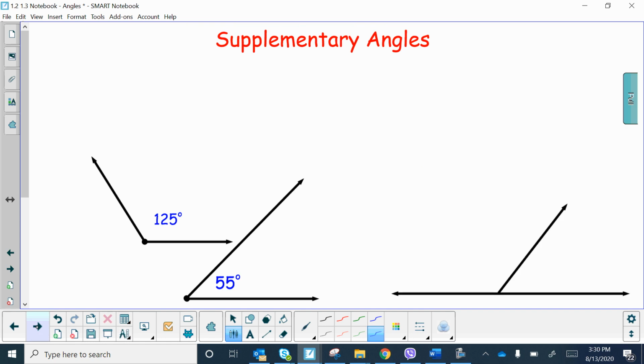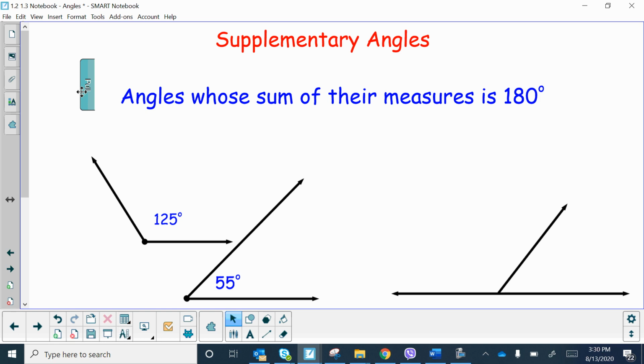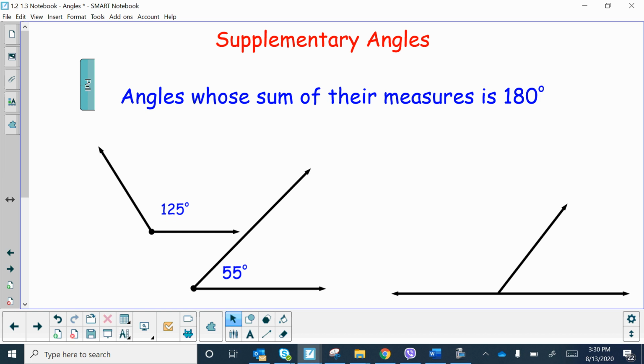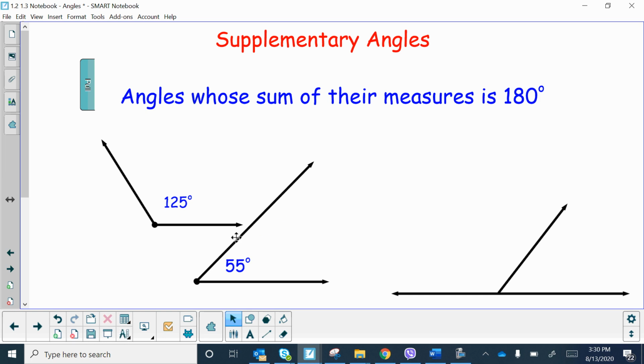The next one is supplementary. These are going to be two angles whose sum of their measures is 180 degrees. On the left over here, you have a 125 degree angle and a 55 degree angle. And then to your right, you don't have any measures, but you have, let me get my highlighter, a flat line. This flat line right here represents 180 degrees.